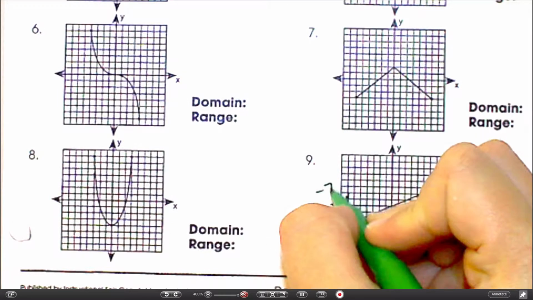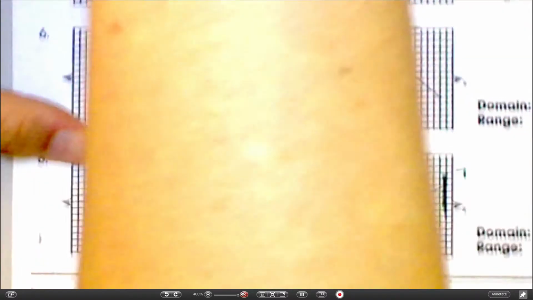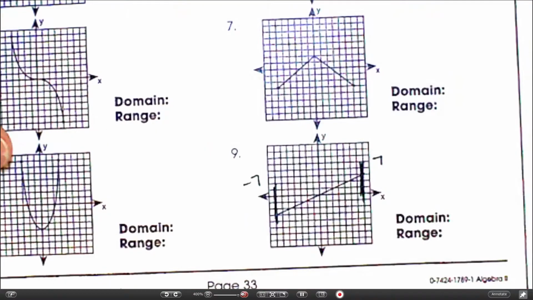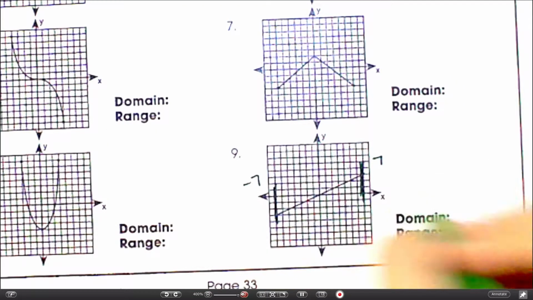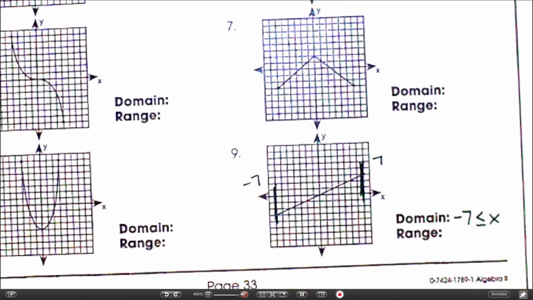Sure. And +7, I believe. So to write that, slide this over some. I would start at -7, less than or equal to x, because domain is always x, and then less than or equal to +7. Okay? So from left to right, that's where my graph goes.